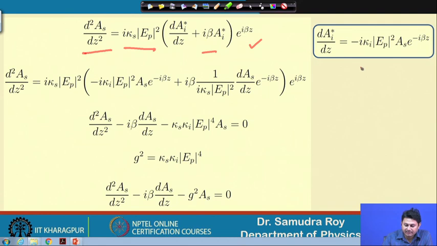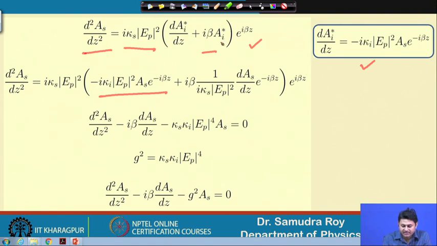I know that dA I dz is this. So, I will replace this term here. Once I replace this term here, this becomes a function of A s. In the left hand side, I will have A s. Our goal here is to eliminate A I, because then only I can solve the differential equation. So, I just decouple the equation.